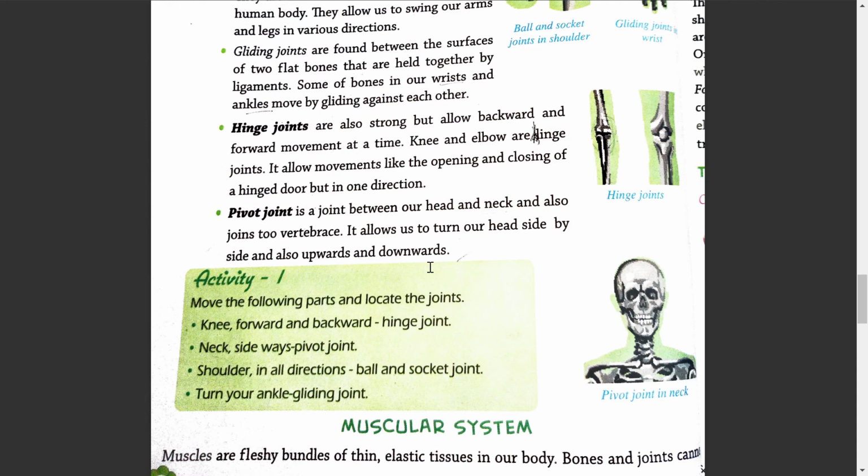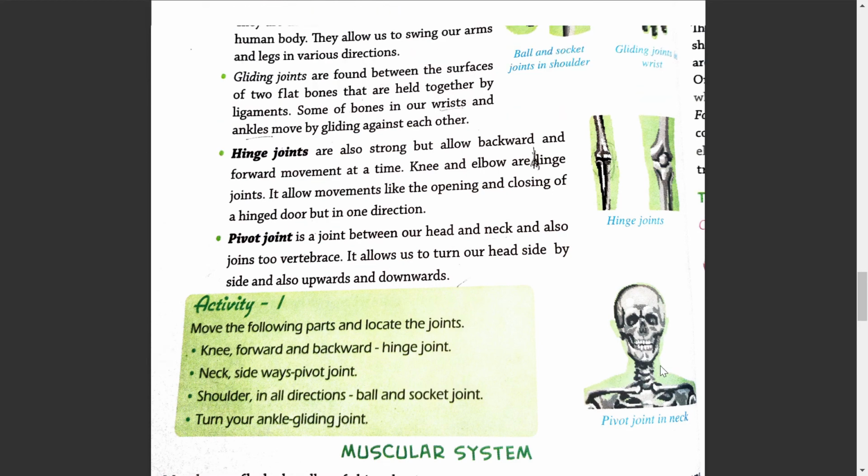In this joint, the vertebra fits over the skull, and it is found between the skull and the first two vertebrae of your backbone. The pivot joint is found here.